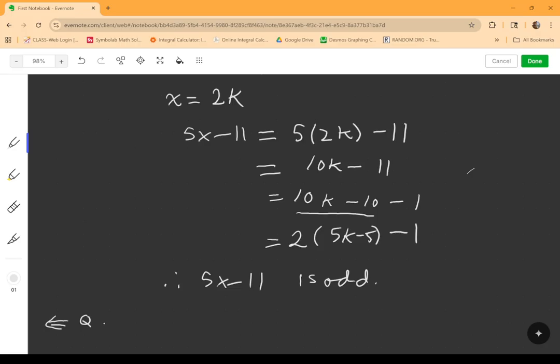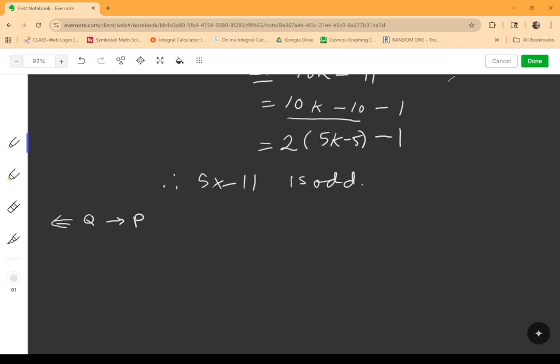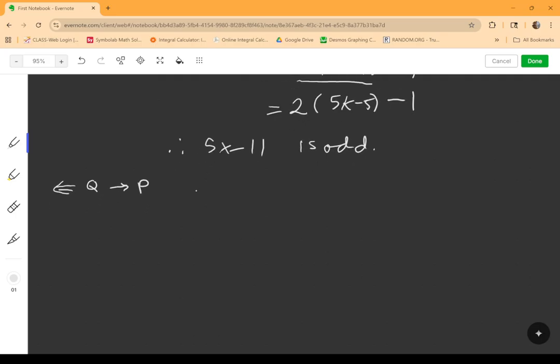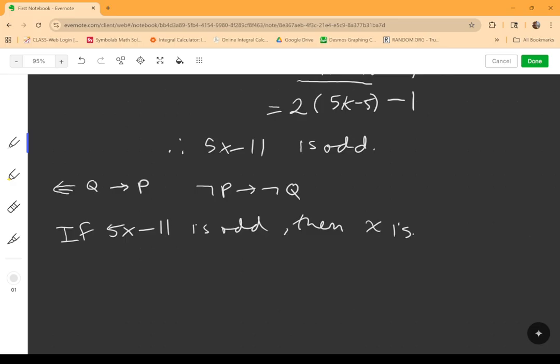So we need to do Q implies P, and we'll take the contrapositive, so not P implies not Q. The statement here is: if 5x minus 11 is odd, then x is even.